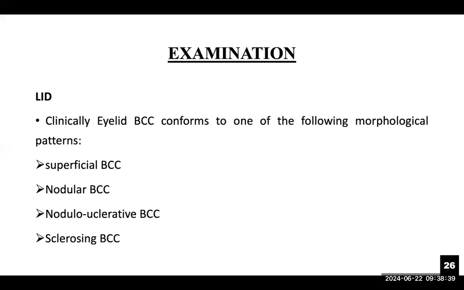Okay, so clinically, eyelid basal cell carcinoma conforms to one of the following morphological patterns. It can be a superficial basal cell carcinoma, a nodular BCC, a nodulo-ulcerative type, or a sclerosing BCC.